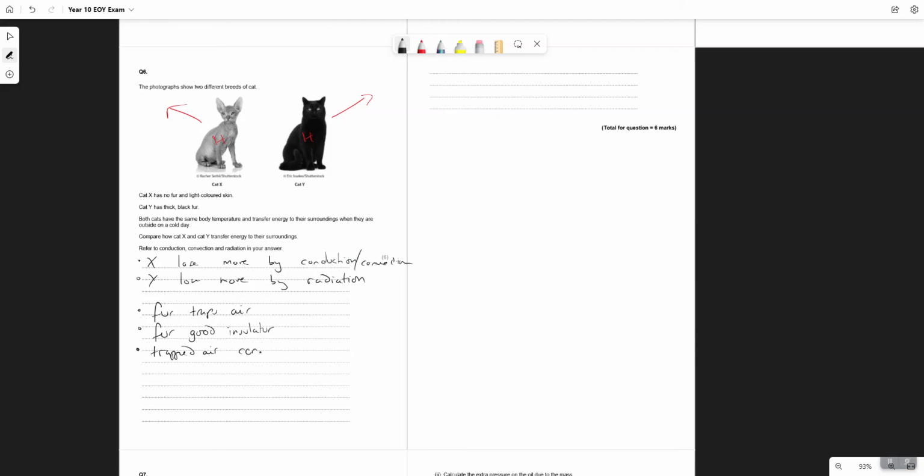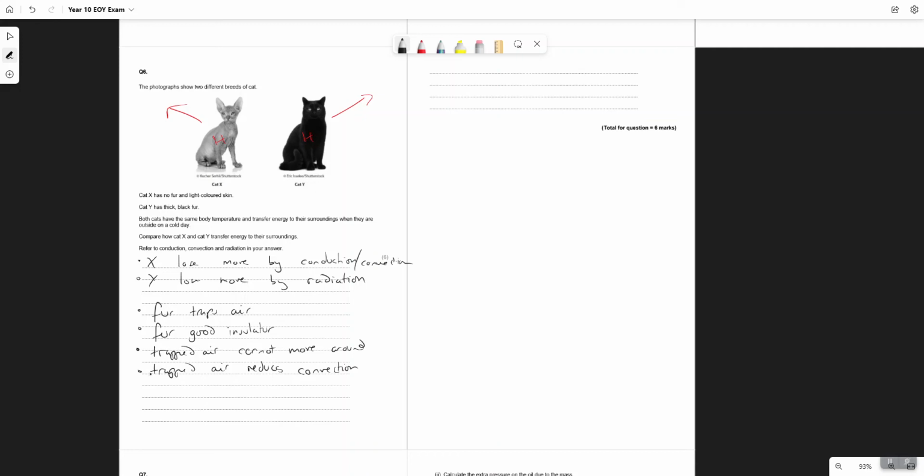Trapped air cannot move around, and therefore trapped air reduces convection, and there's other things that I'll say.